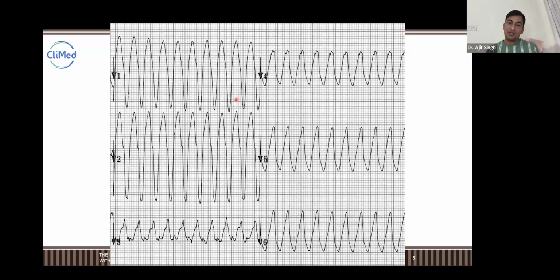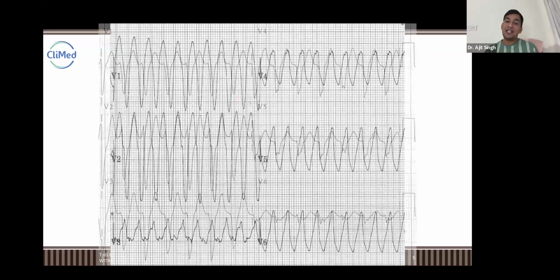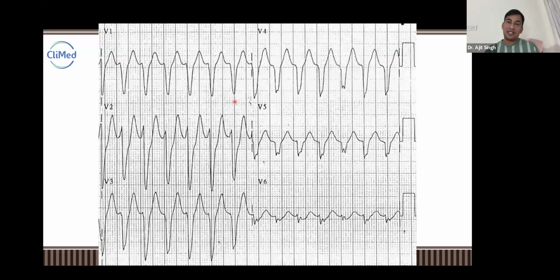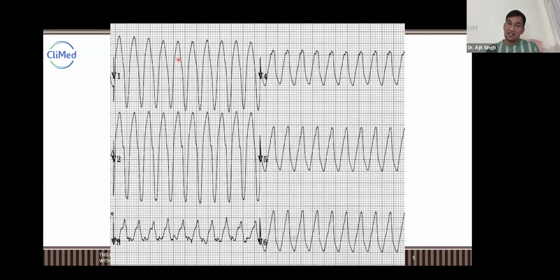And this is called negative concordance ventricular tachycardia. These are also types, and these are very major types of ventricular tachycardias.